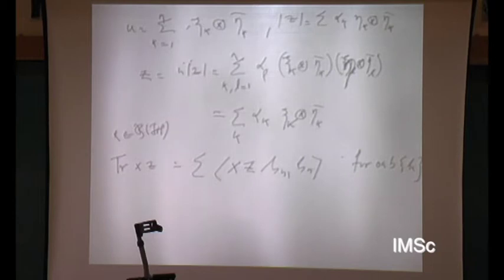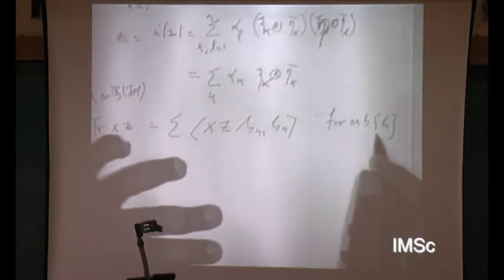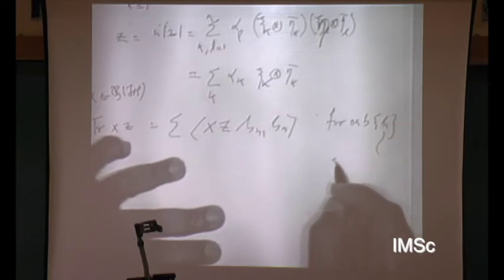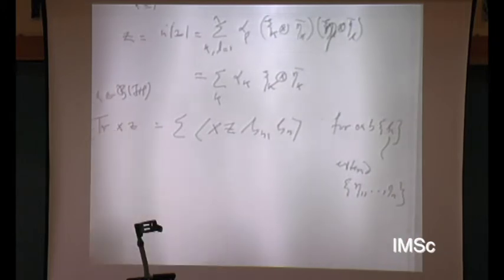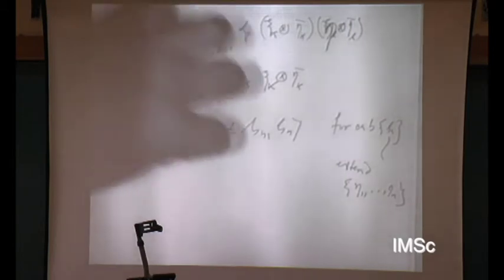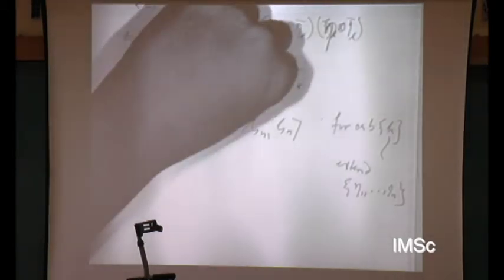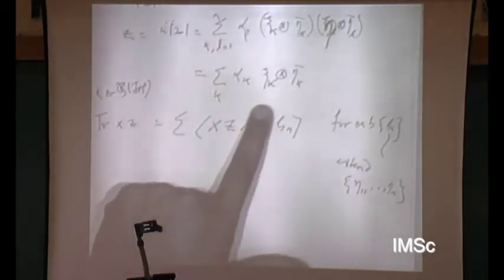So if you take the etas and extend them to an orthonormal basis, then this is what z does.